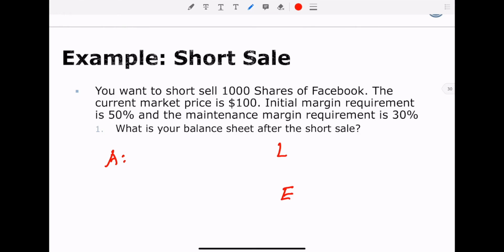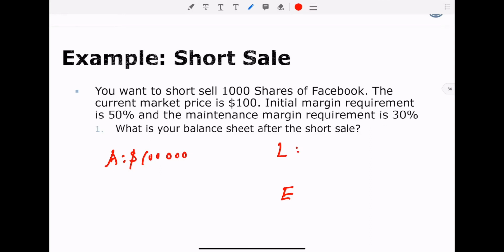And this cash will become your asset. To be more specific, you sell 1,000 shares and the market price is 100. So basically, your asset will be $100,000 of proceeds.